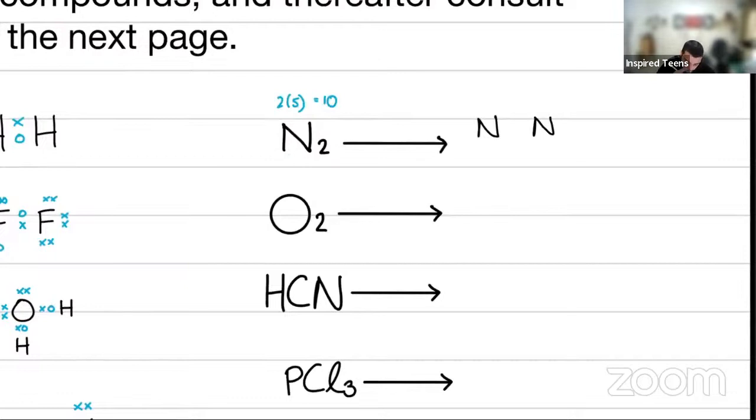Then the rule says to count up all the valence electrons and add a single bond between the 2. Then fill the outer electrons with the octet rule, fill them with 8. So I'm going to have 1, 2, 3, 4, 5, 6, and so on up to 10.